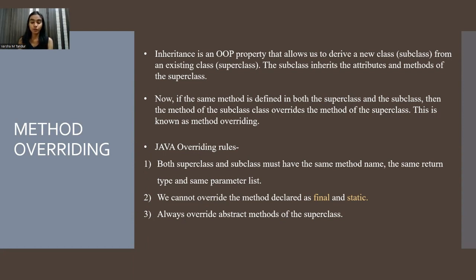But here in method overriding, we are expecting the same method name, the same return type, and the same parameter list. And next, we cannot override the method declared as final and static. The functions which are declared final and static, those methods cannot be overridden. And third one, always override abstract methods of the superclass.